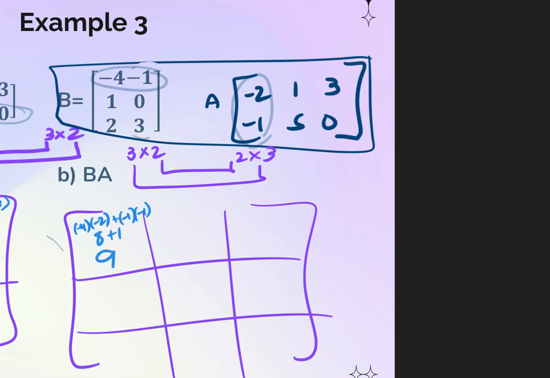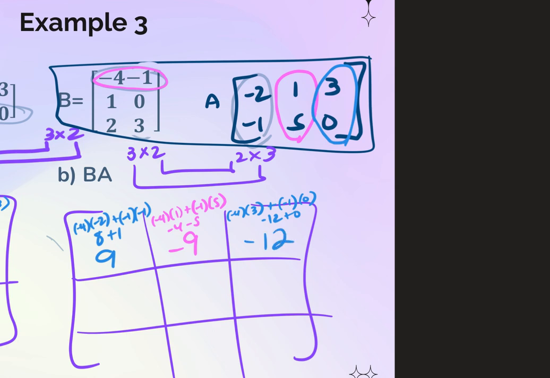Then still row 1, but column 2: negative 4 times 1, plus negative 1 times 5, negative 4 minus 5, negative 9. Then row 1, column 3: negative 4 times 3, plus negative 1 times 0, negative 12 plus 0, negative 12.